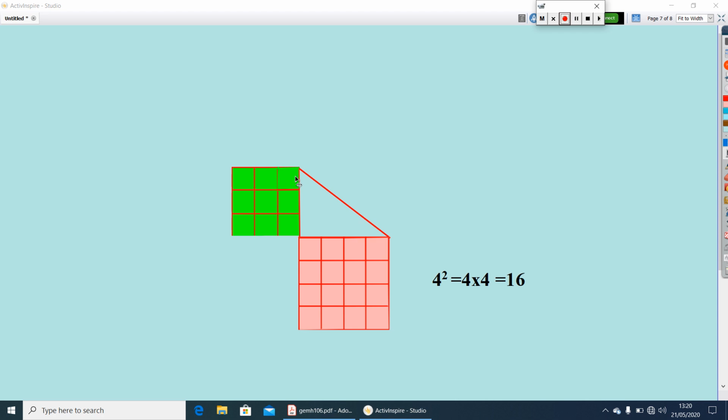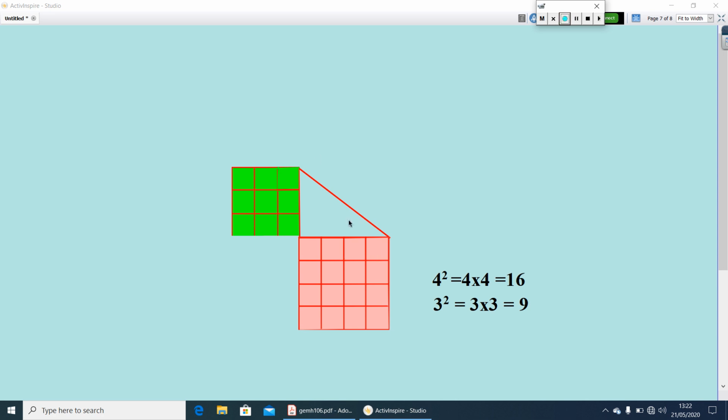The other side is of length 3 units. So its square on 3 units is 1, 2, 3, 4, 5, 6, 7, 8, 9. It is 9. That is, the number of squares on one side is 16 and the number of square units on the other side is 9.